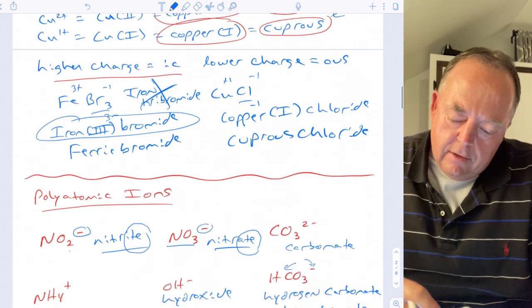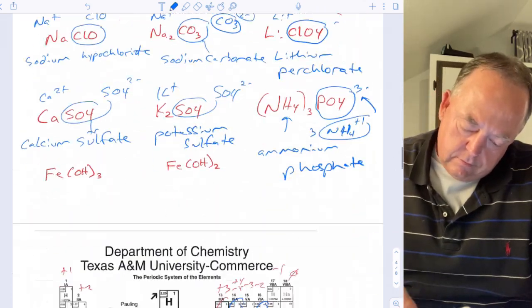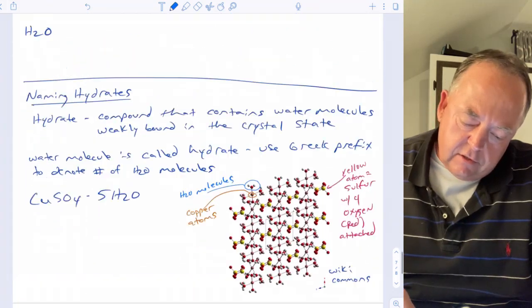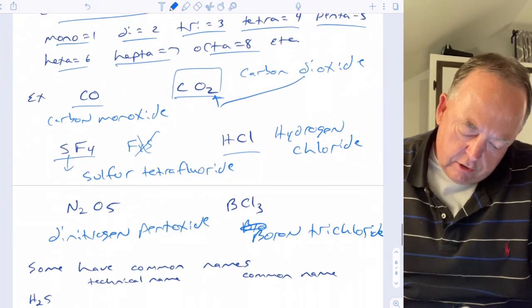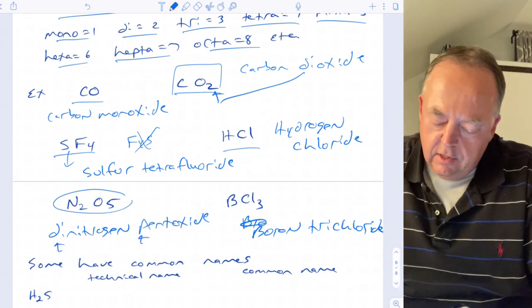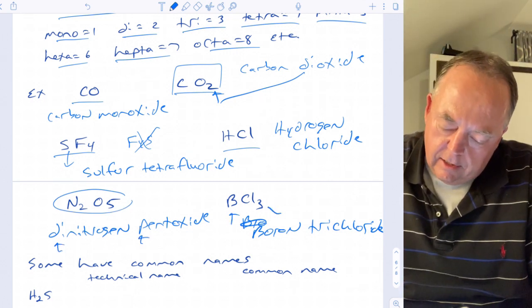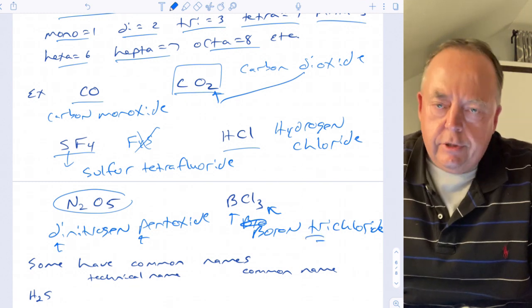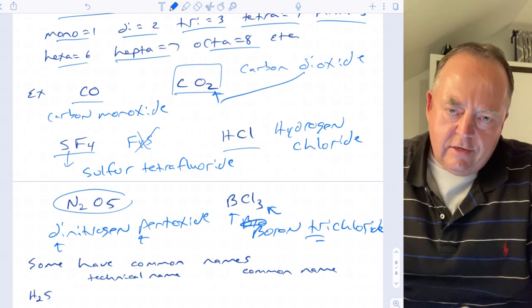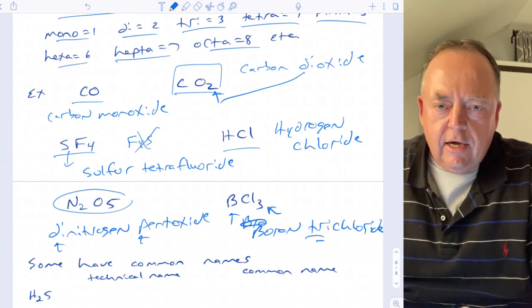If it's 2 non-metals attached to each other, that is the only time you use these prefixes: mono, di, tri, tetra. These are both non-metals, so you use these prefixes. Or if it's a metalloid and a non-metal, that's when you use the prefixes mono, di, tri. If it's a metal and a non-metal, do not use the mono, di, tri, tetra, and so forth.